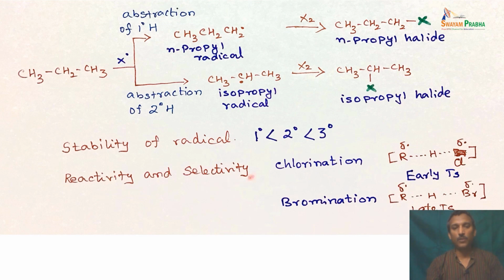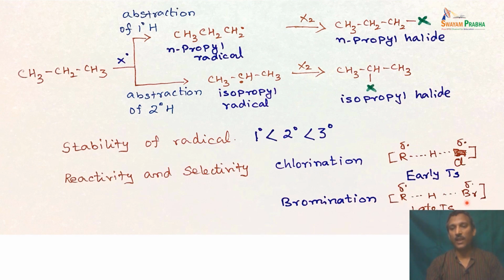And when we talk about reactivity and selectivity, we earlier saw chlorination gave roughly a 1:1 ratio of the products. This is because we have an early transition state as shown here, due to which the chlorination gives the 1:1 ratio, whereas in the case of bromination, we have a late transition state.